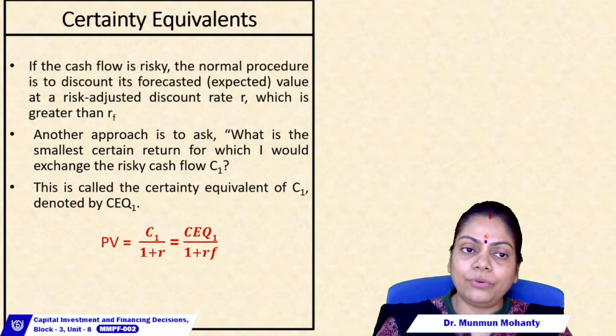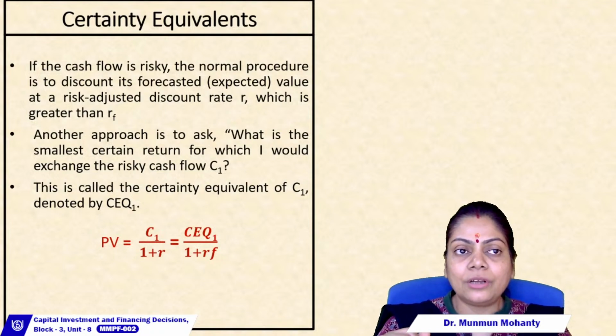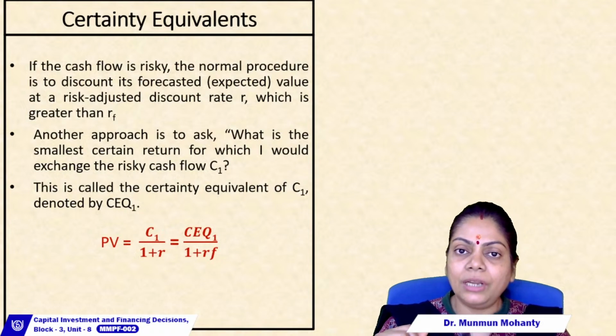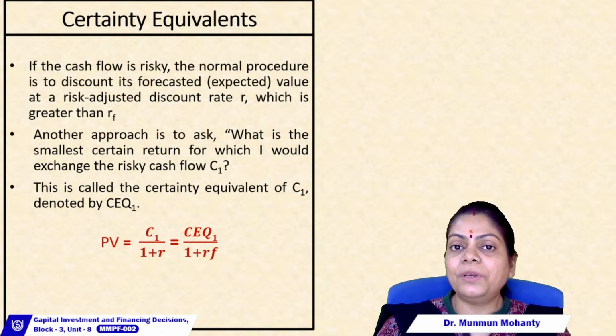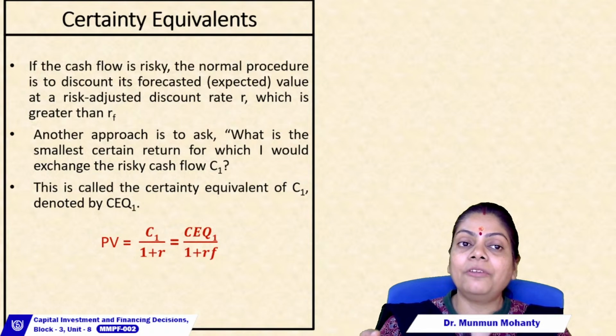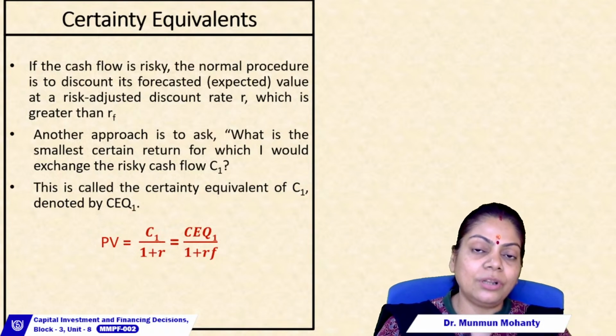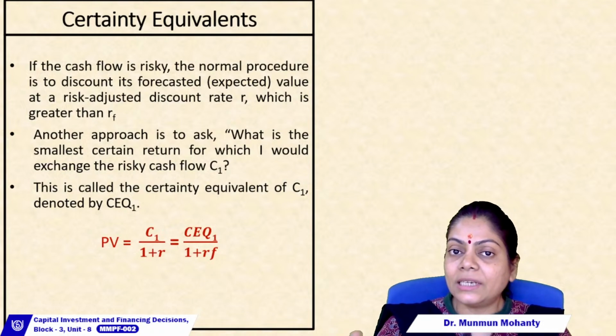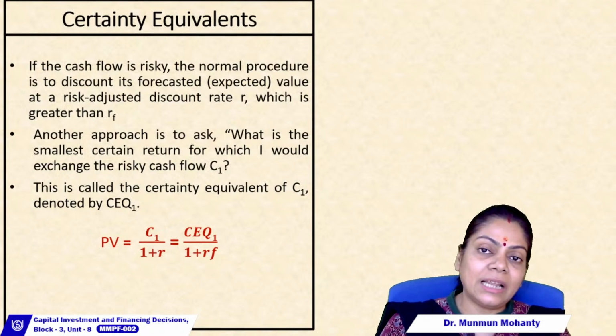Now I give you a game: will you accept 500 rupees without any tossing, or will you accept 800 rupees if I toss the coin and the coin comes out head, and if the coin comes out tail, then I'll not give you anything? So which one will you choose? Will you choose a certain outcome of 500, or 800 with heads and nil with tail? That's the kind of scenario.